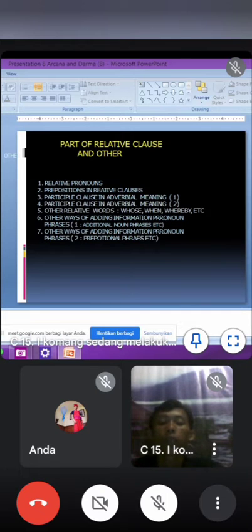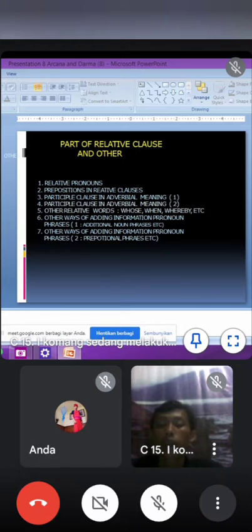Number 2, prepositions in relative clauses. Number 3, participle clauses in adverbial meanings 1. Number 4, participle clauses in adverbial meanings 2. And number 5, other relative words.